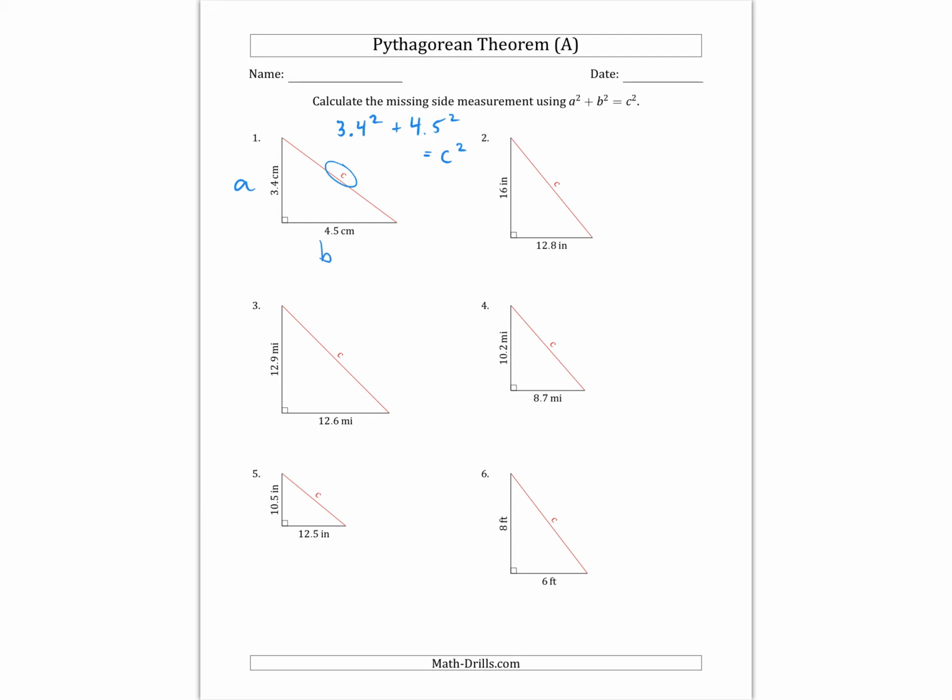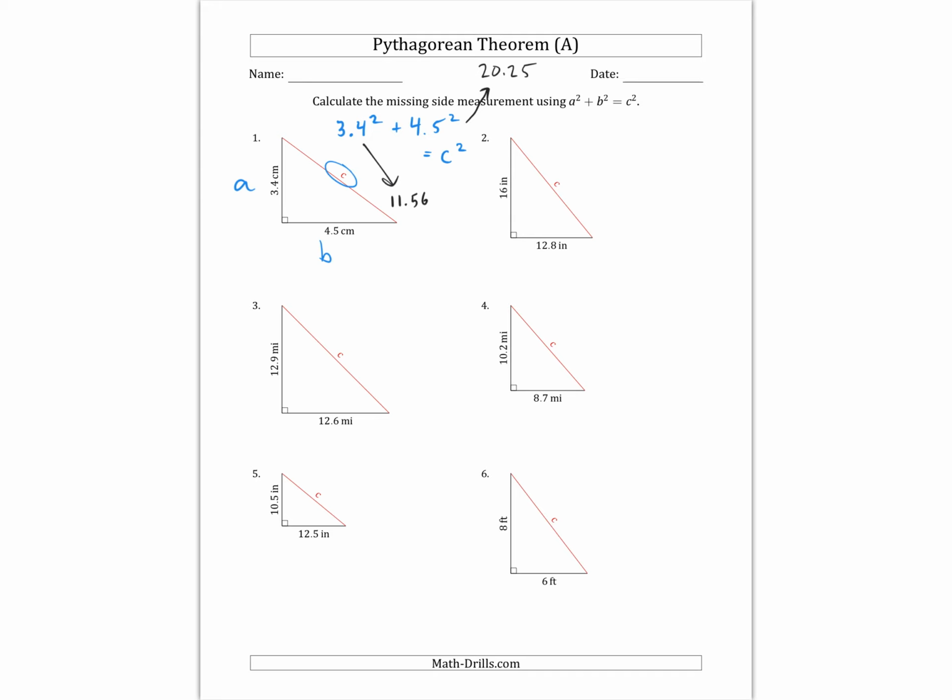And I get 11.56. So this is 11.56. And then I'm going to go 4.5 squared, 4.5 times 4.5, and I get 20.25. Sorry, this is kind of a mess here. I'm running low on space.